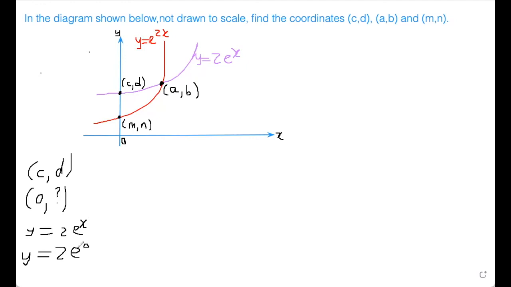Anything raised to the power of 0 is 1, so e to the 0 is 1. If all of this is 1, then 2 times 1 gives me 2. So the coordinate is x is 0 and y is 2.